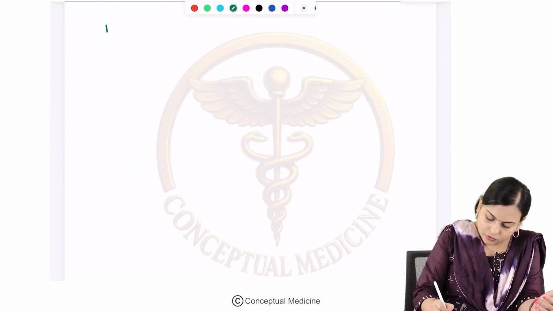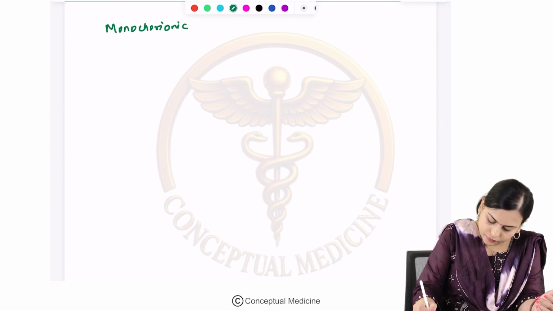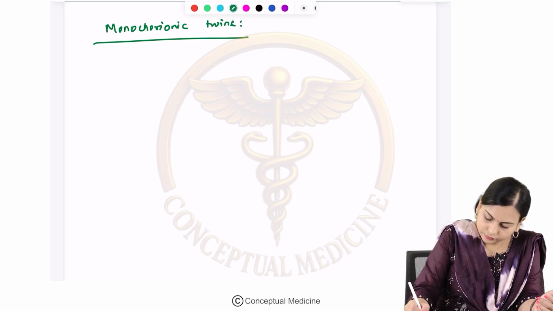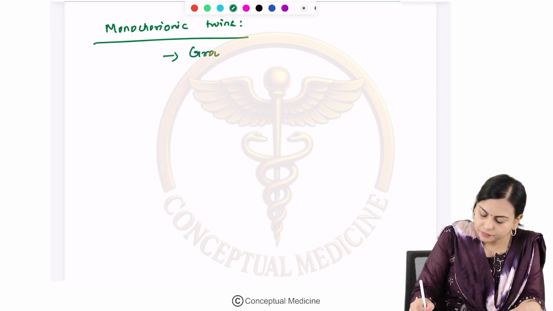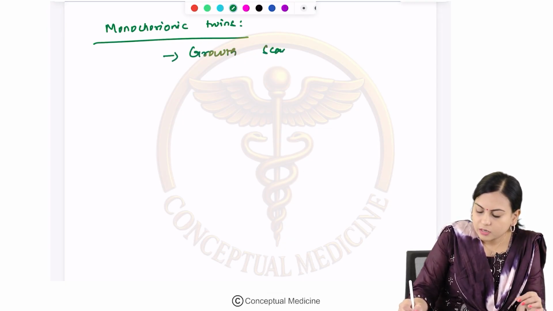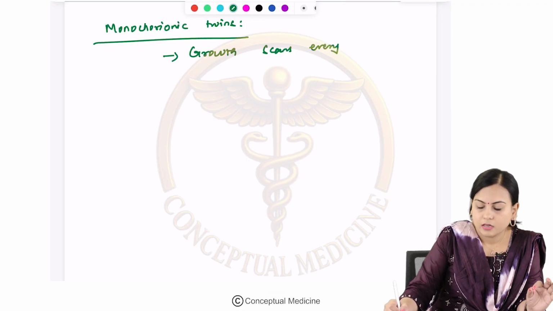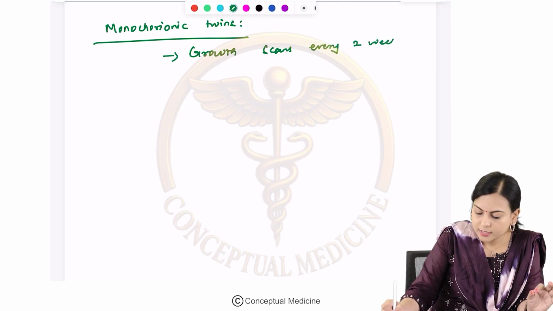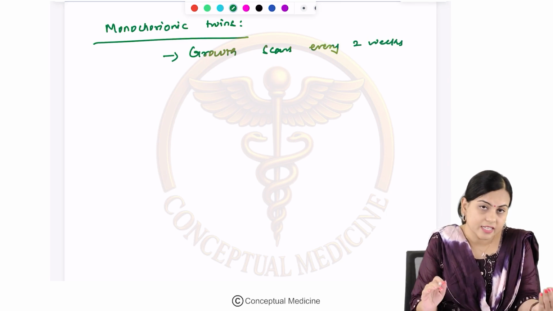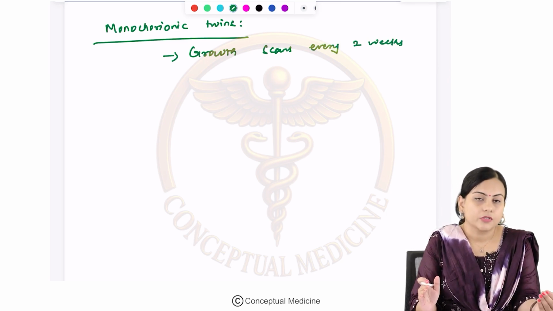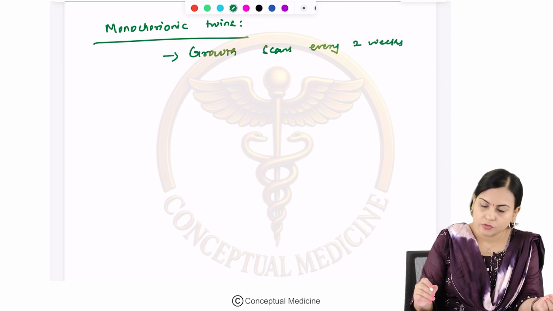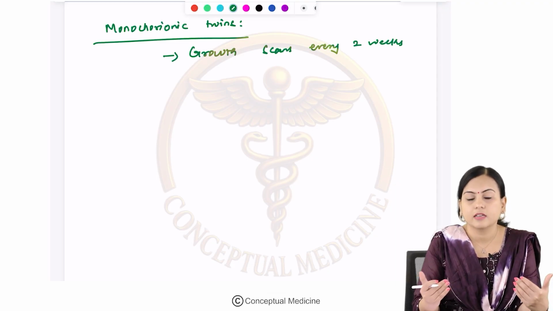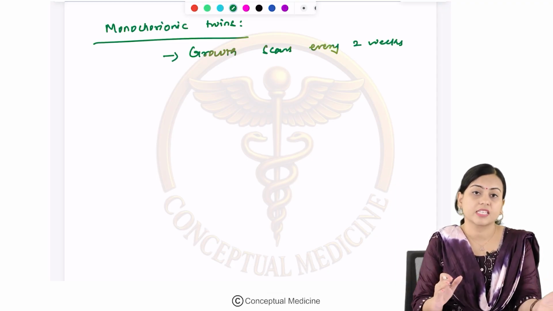When we speak about monochorionic twins, you have to do growth scans every 2 weeks, and you have to start earlier compared to dichorionic twins. You have to start scanning monochorionic twins from 16 weeks itself.